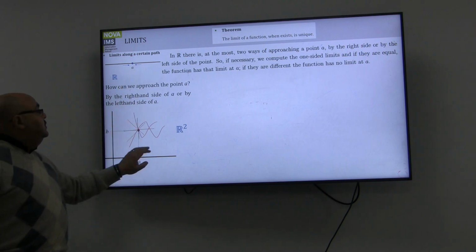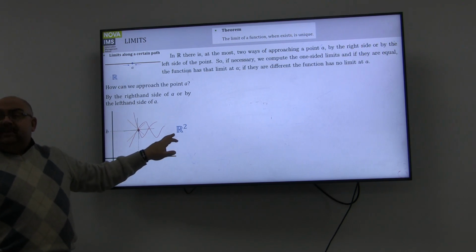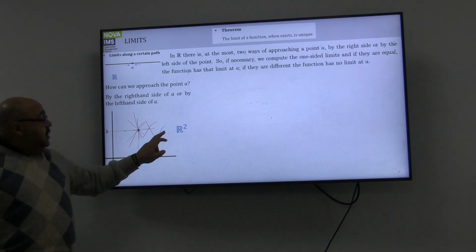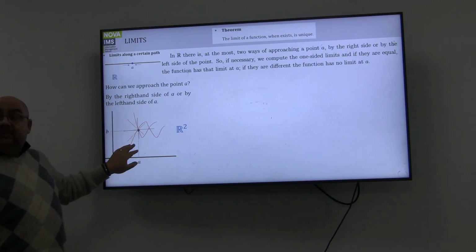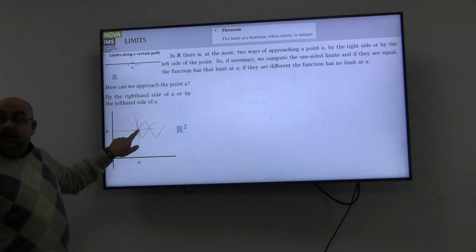But the problem is, once you deal with more than one variable, like in this problem, if I am in R2 and I need to approach this point, I can approach it from an infinite number of paths.